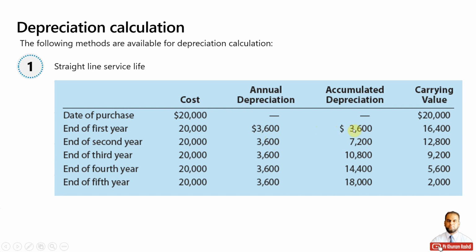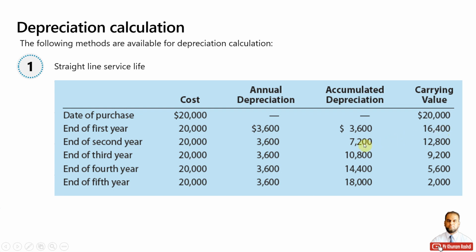So at the end of the first year it is 3,600, then at the end of the second year 3,600 is added to the previous value, so it will become 7,200. On the right hand side you can see the net book value. The cost is 20,000, so minus 3,600 will be 16,400 as the net book value.